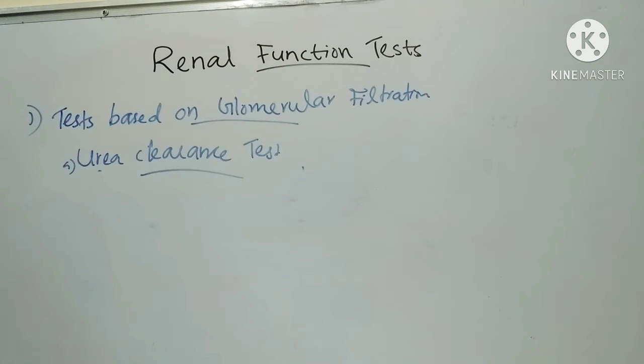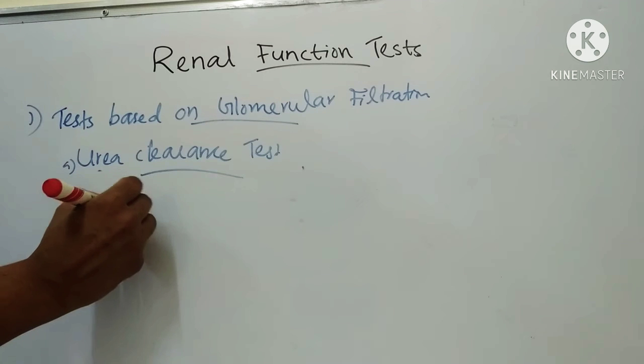So what is meant by clearance? Clearance is defined as the volume of blood or plasma which contains the amount of the substance which is excreted in the urine in 1 minute.